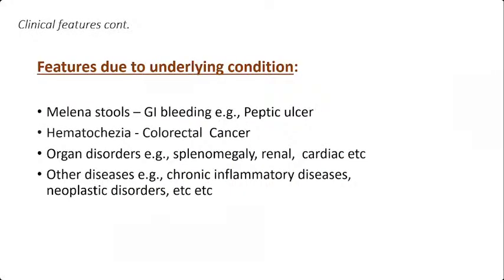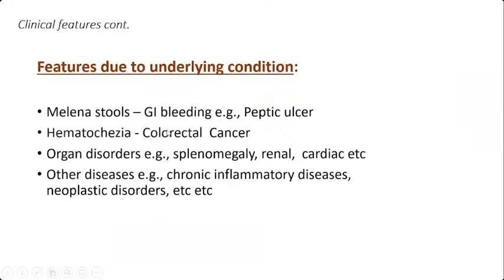And then there are features due to the underlying condition. You might see melena stools. This is when you have, especially, upper gastrointestinal bleeding, like peptic ulcer. Then there's hematochezia.